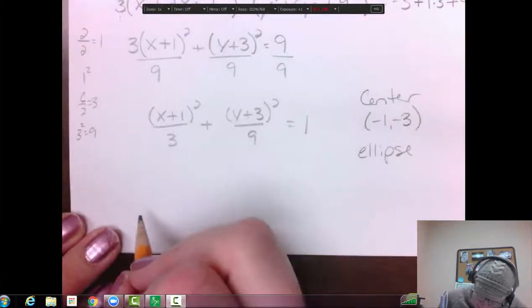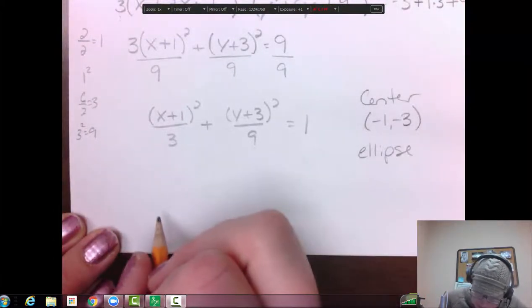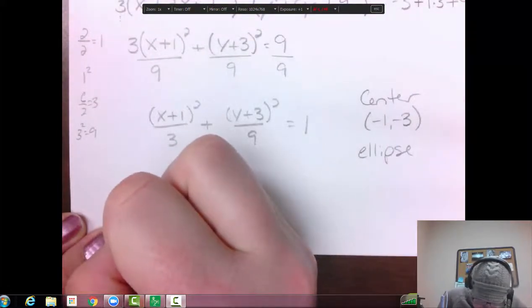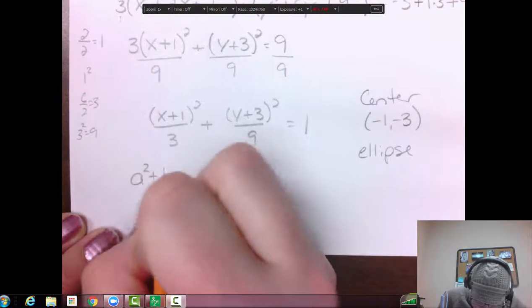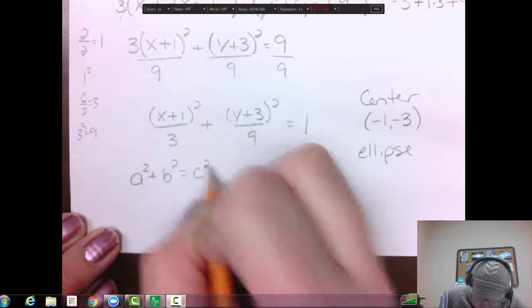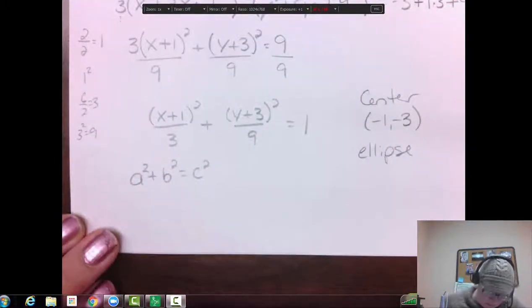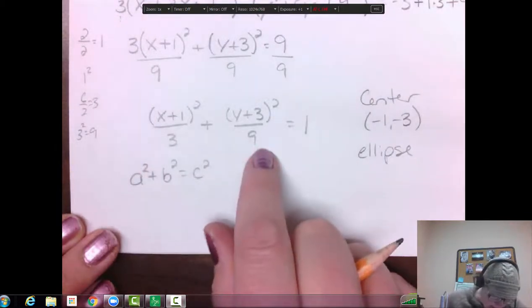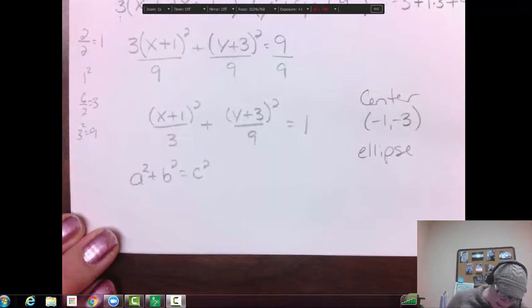Okay, and I could show a graph to show you that too. All right, so we know that a² plus b² equals c², and c is the distance for the foci, which we don't know on this one, but we do know a and b. Oh wait, this one is the minus, sorry.